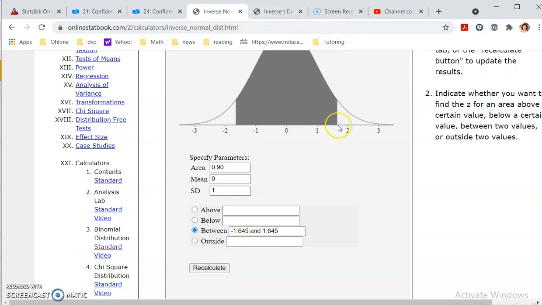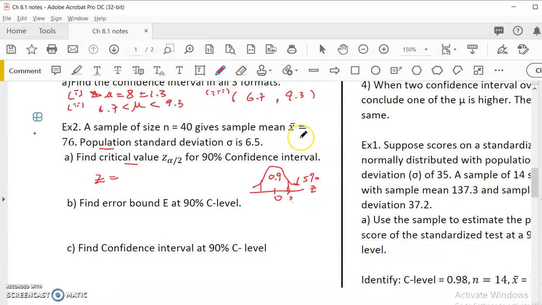1.645 is the positive critical value. Okay, so I write z equal to 1.645. 2 or 3 decimal places is sufficient. Find the error bound. So we say the error bound is z alpha over 2 times sigma over square root n, because this is the standard error.